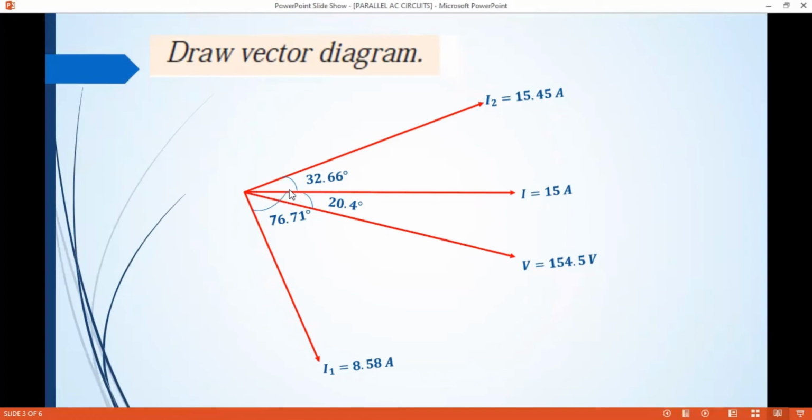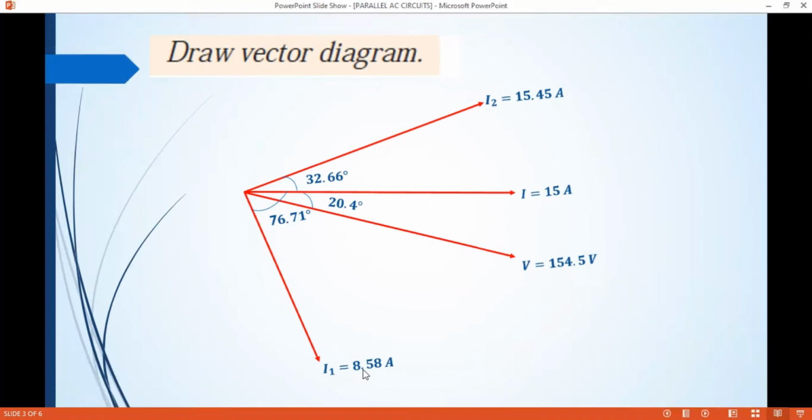Since it is 0, we have it here on the x-axis. The next is for our voltage. The angle of our voltage is negative 20.4. Since it is negative, it goes down. So we have 20.4.